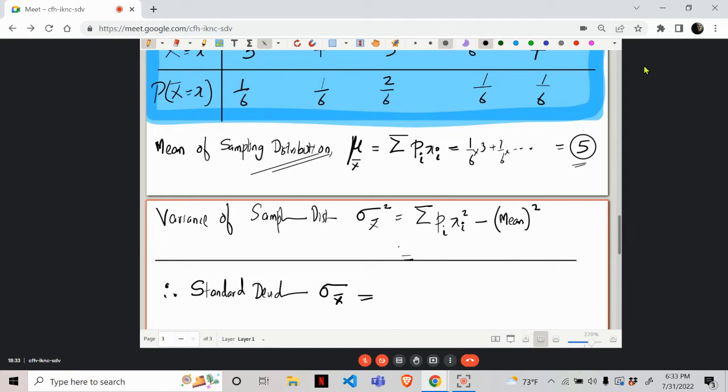Yeah, Nishal, 1.667. And what is the standard deviation? How much? 1.29.